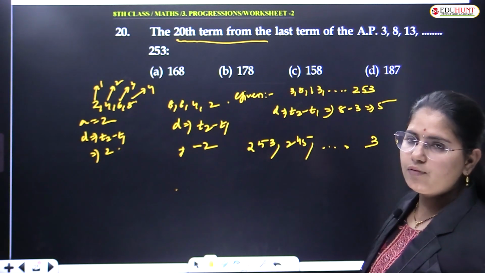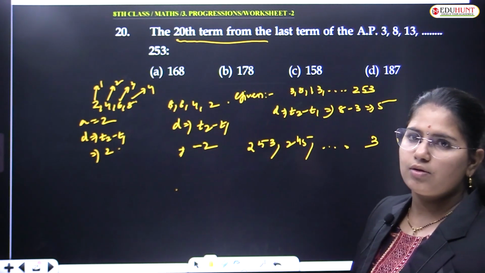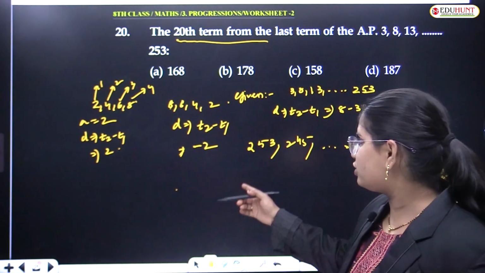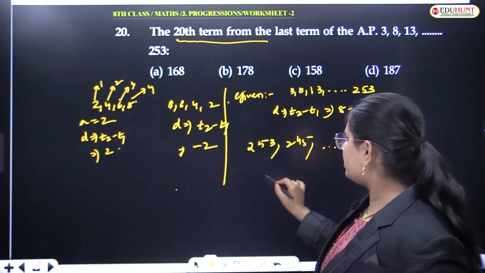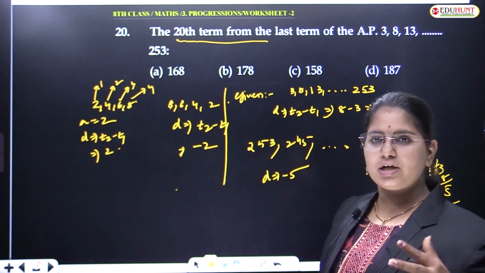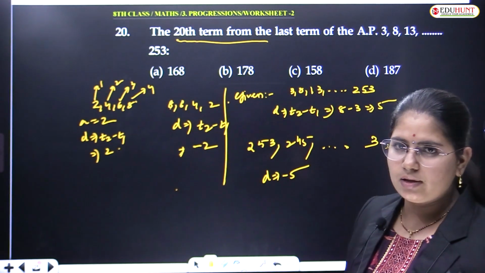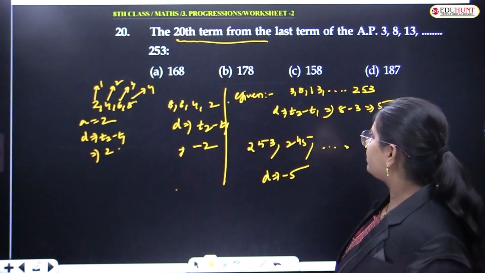And what is the common difference? As I told you from this example, D is equal to minus 5. Whenever you take it in decreasing order, the value changes with a negative sign. So D is equal to minus 5.